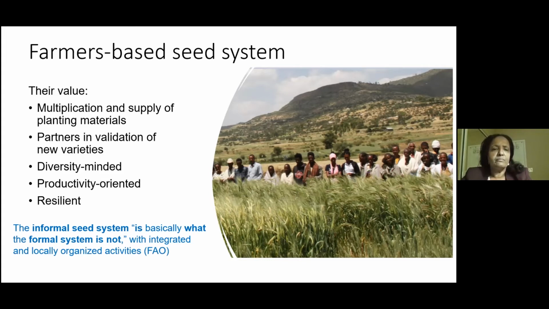But they are also productivity-oriented, and we have seen also the resilience character of the system. So when I talk about farmer-based seed system, according to FAO, it operates in a naturally integrated and locally organized manner.